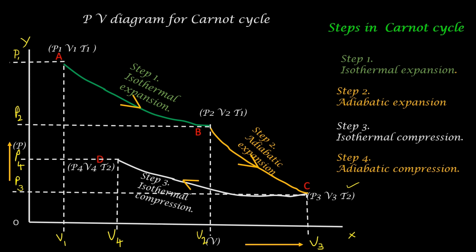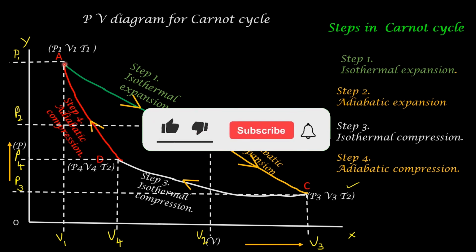Volume has decreased. Now the final step, step 4, adiabatic compression. Note the direction of the graph. The system returns to point A. The state returns to P1, V1 and T1. So the system has completed one cycle. So when one cycle is completed, the system returns to its initial state.